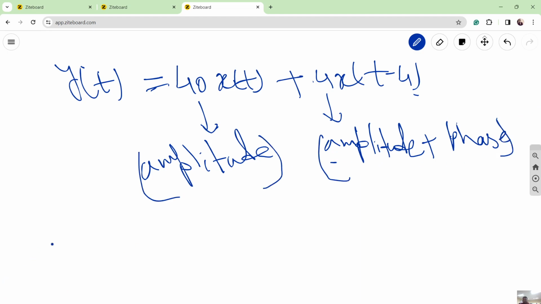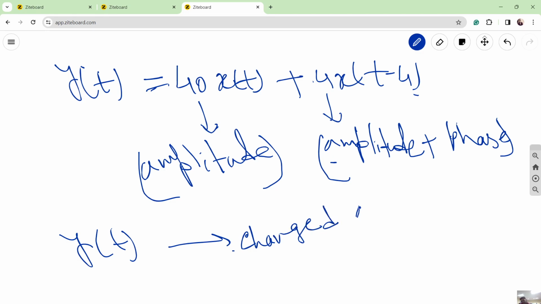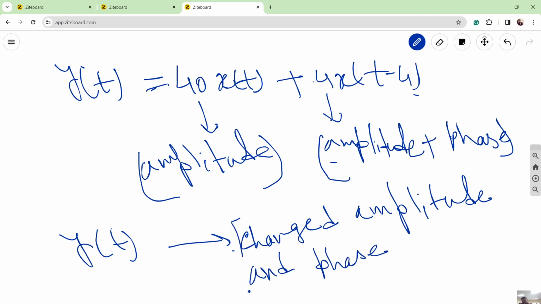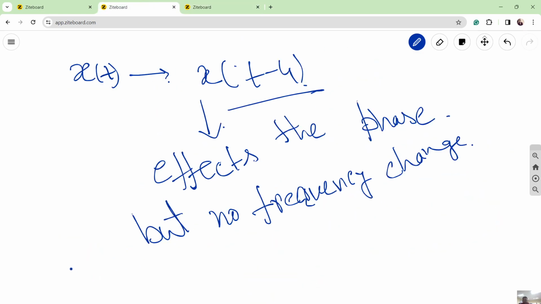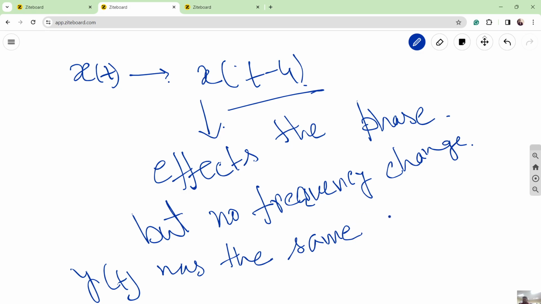So overall, y of t has changed amplitude and phase, but y of t has the same frequency as x of t.